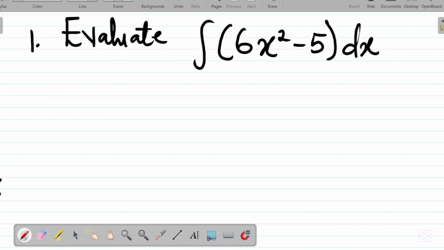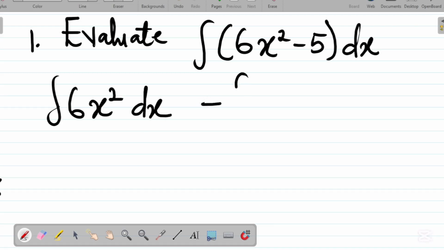Our first task here is to attach the integral sign and variable to each of the terms. So here we have 6x squared dx minus 5 dx. Our next task here is to bring out the constant terms.